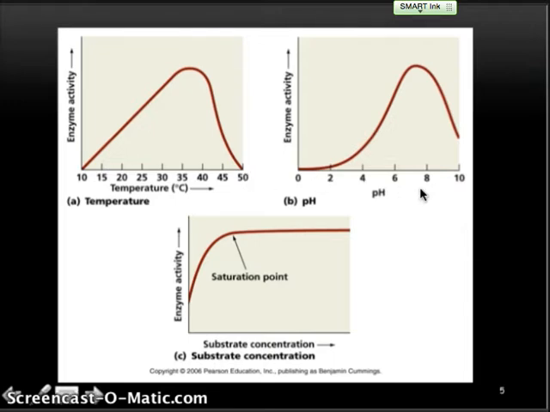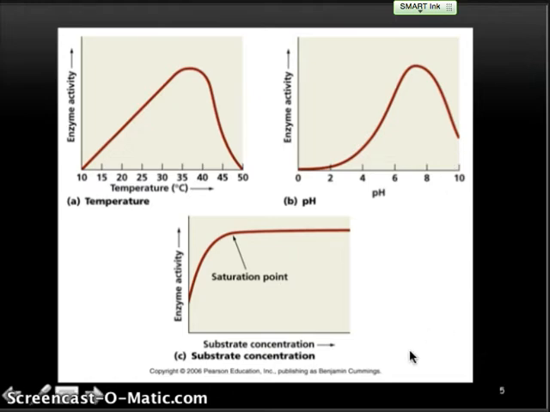What happens with enzyme activity and pH? As pH reaches towards neutral, which is 7, we see that this particular enzyme works very well at a pH of 7, but does not work very well at an acidic pH and does not work very well at a basic pH.